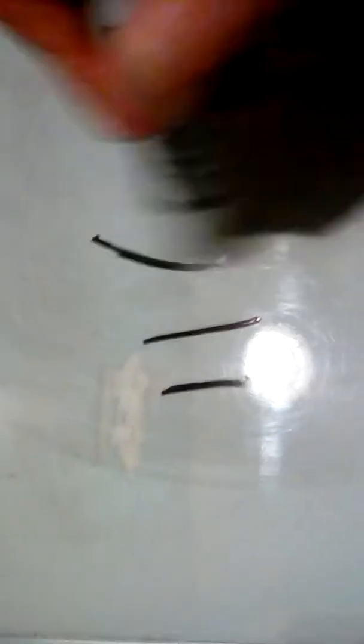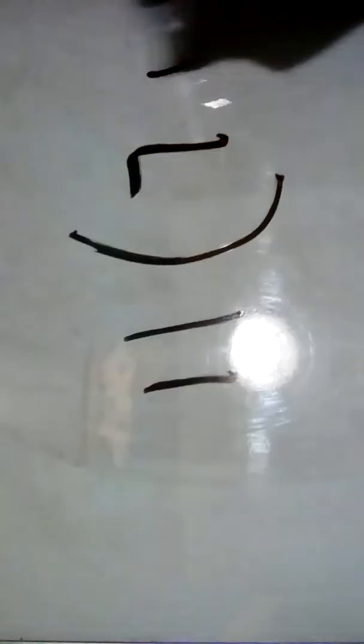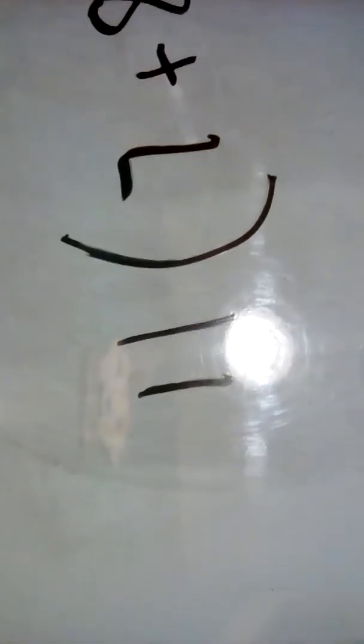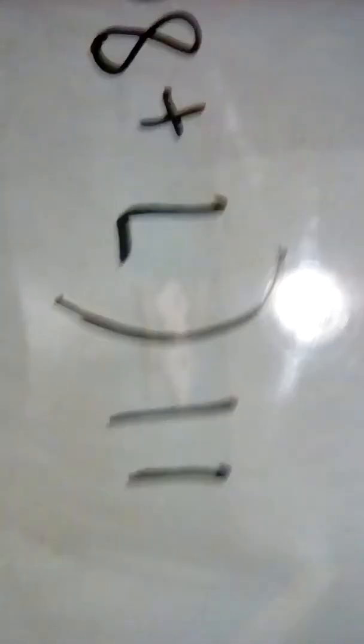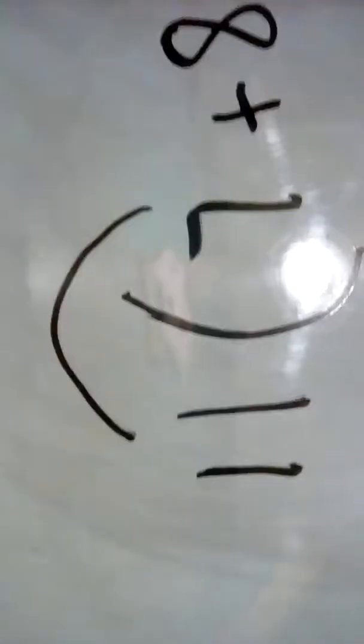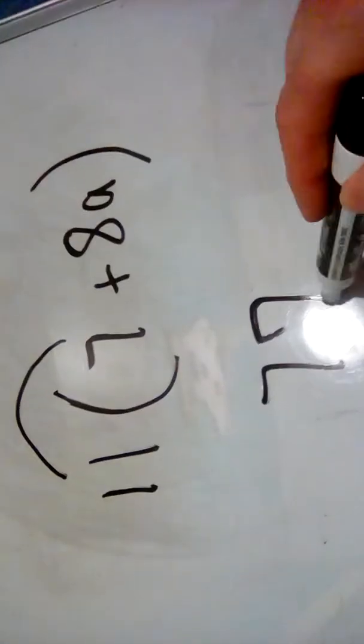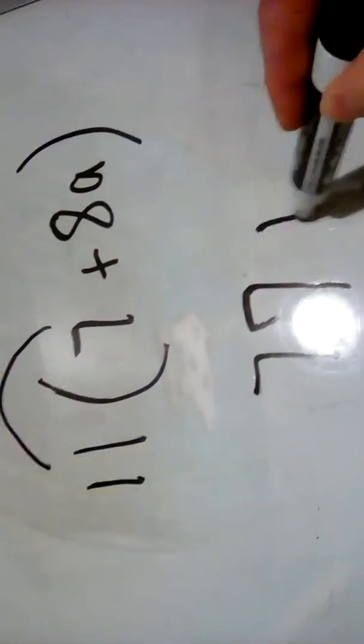So we are going to go 11 times 7 plus 8a. So just like before, when we took x times x and x times 2, we're going to do the same thing here. We're going to take the 11 times 7, which is 77, right, plus, and then we're going to take the 11 and we're going to multiply it by the 8a, which is 88a.